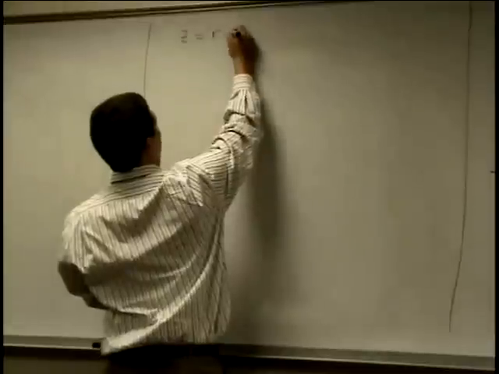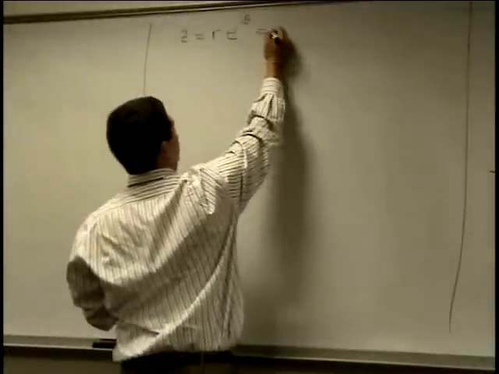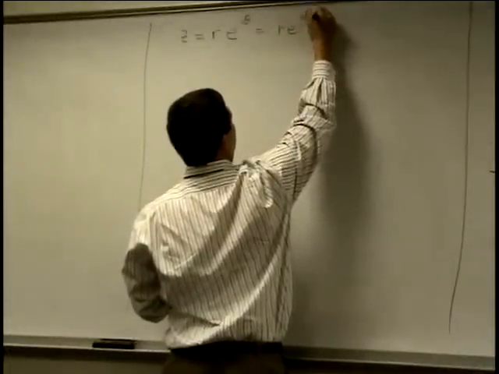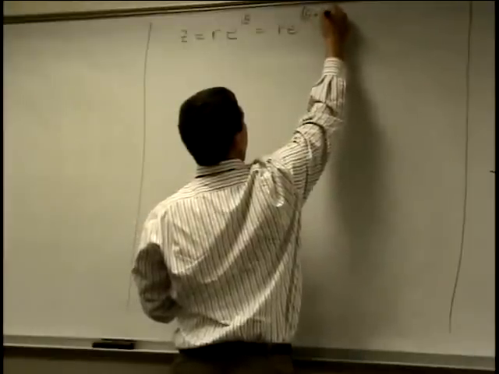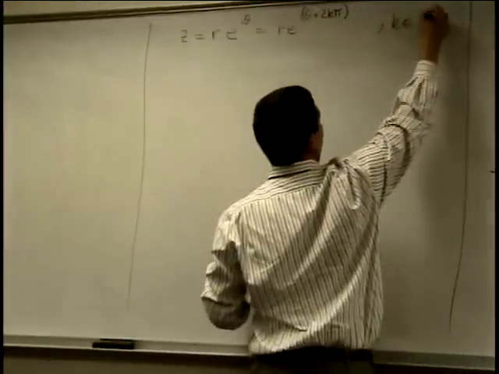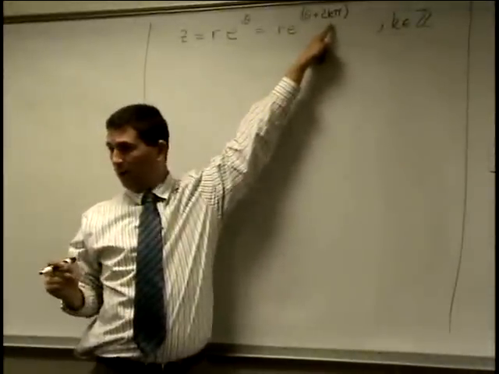If I have z equals r e to the i theta, this is also the same as r e to the i theta plus 2k pi, where k is any integer. Just any multiple of 2 pi will work.